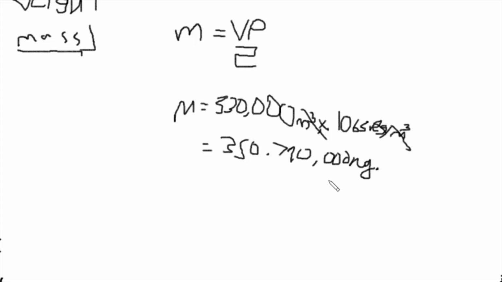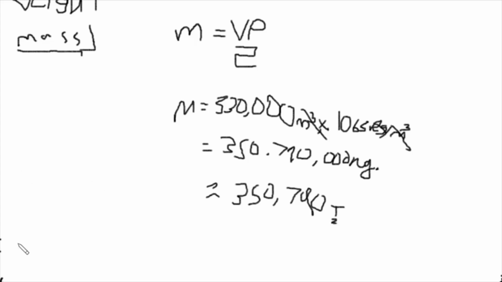Mass, kilograms to tons. 350,790,000 is about 350,790 tons.